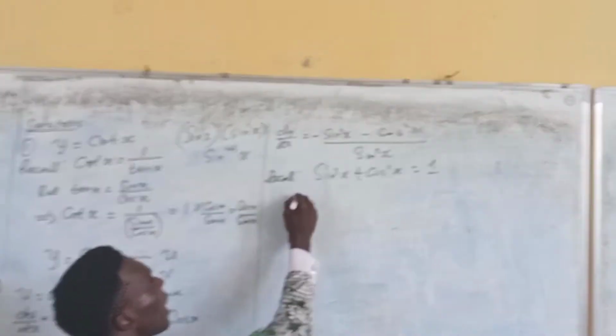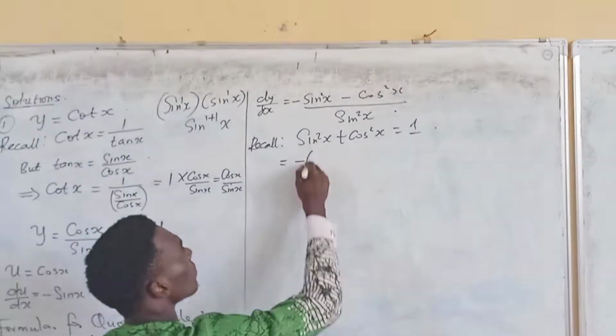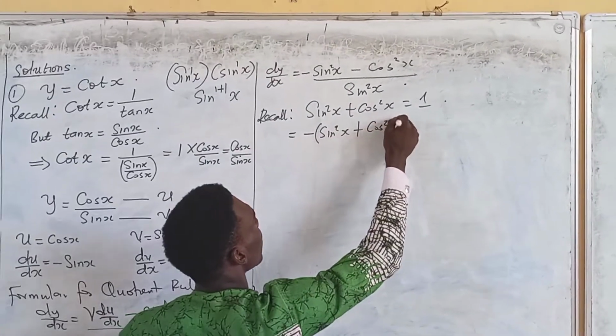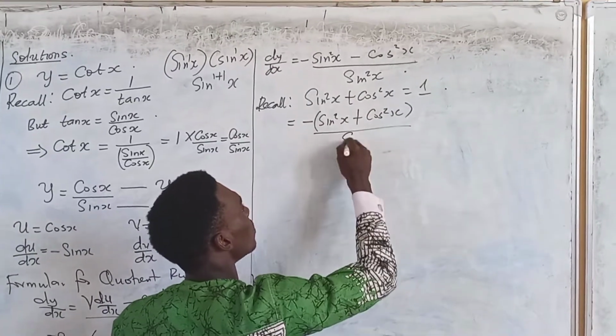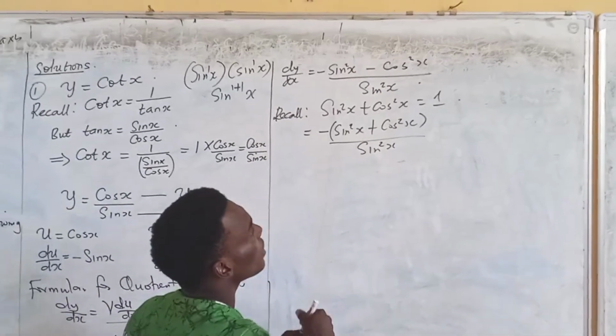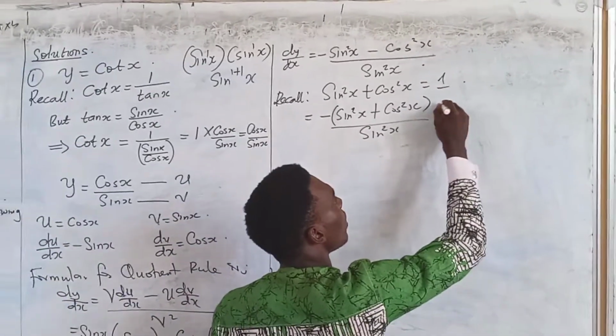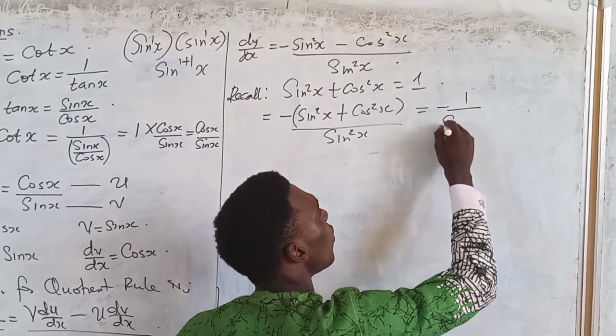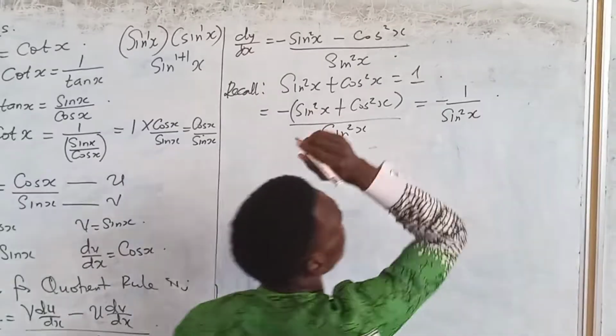So from this we have minus, sin squared x plus cos squared x, equal to 1, because minus is common to both terms. Applying this trig identity, this becomes minus 1 over sin squared x.